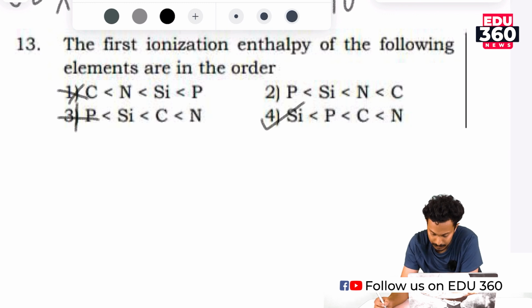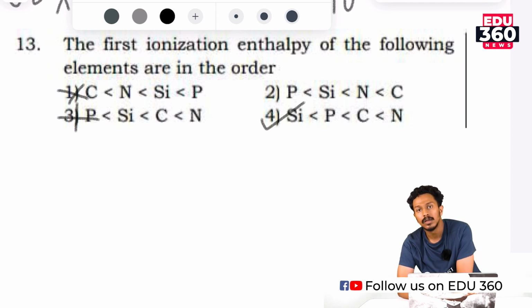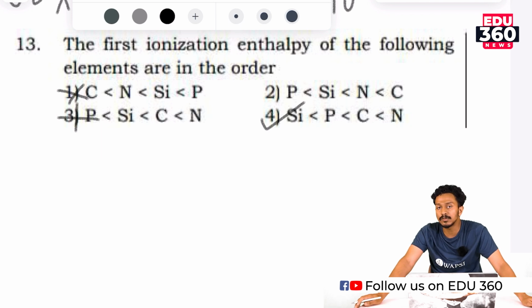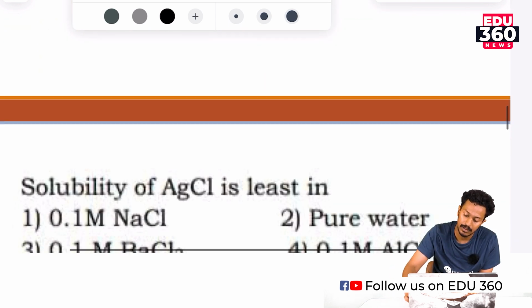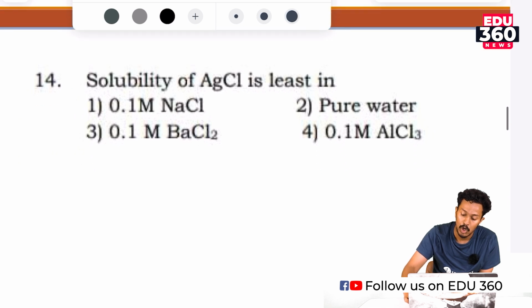Have I done? Yes, option number 4 is the correct answer actually. Silicon is lesser than phosphorus, lesser than carbon, lesser than nitrogen. You know, ionization enthalpy increases from left to right in a periodic table and decreases down from top to bottom in a periodic table. So option 4 is the correct one. Moving on to the next one.